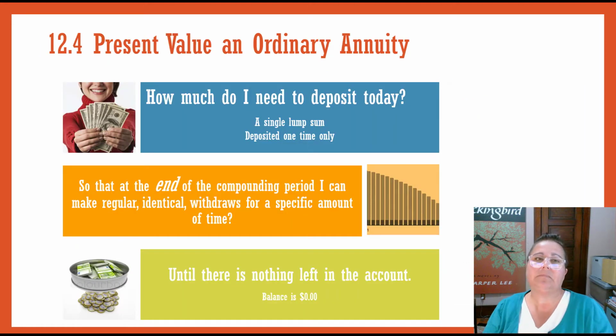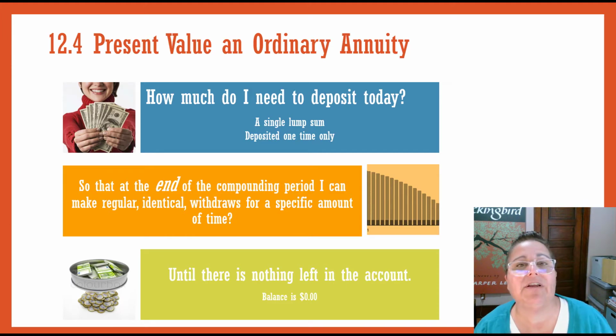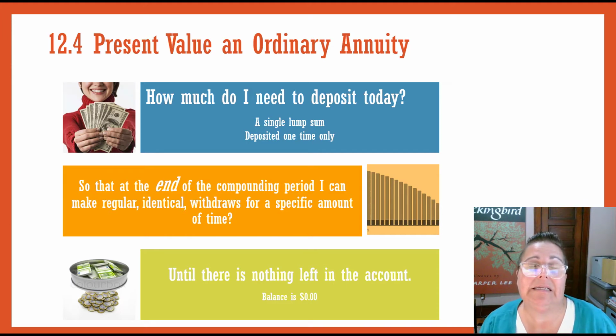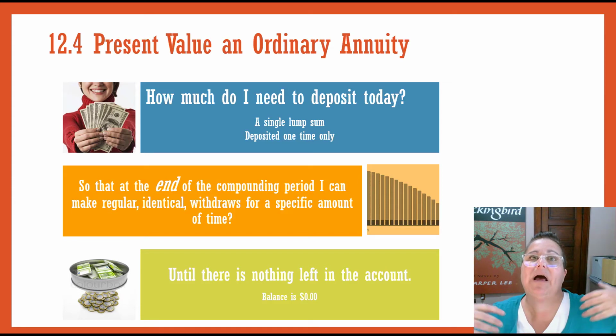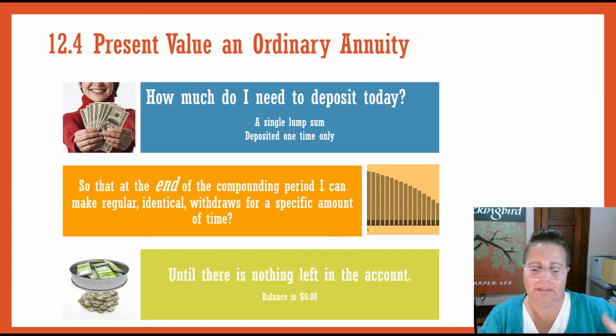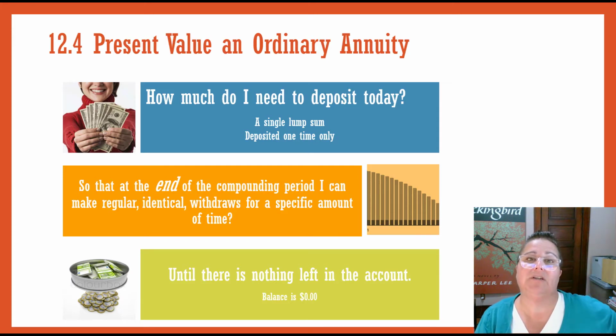Right? The present value of an ordinary annuity is the idea that you can deposit a large amount of money in a single lump sum at one time, today, now, in the present. And over time, you are going to pay yourself out of that money.